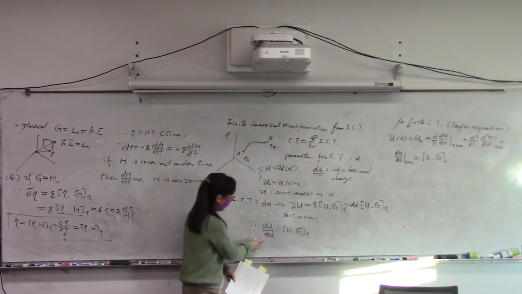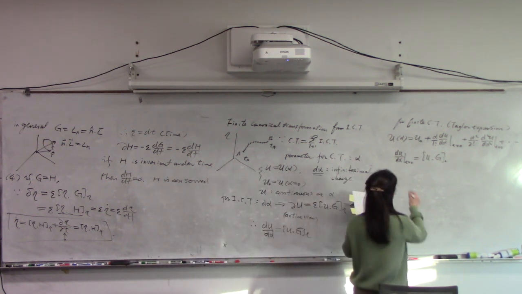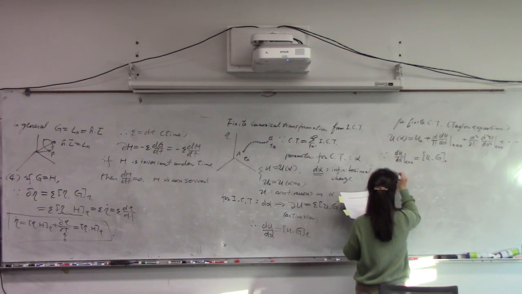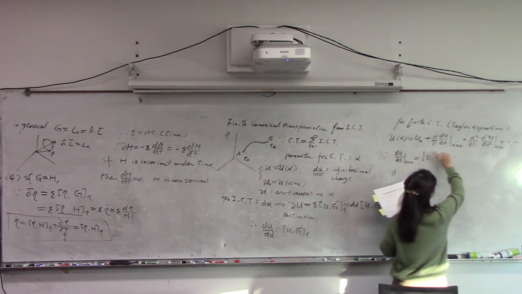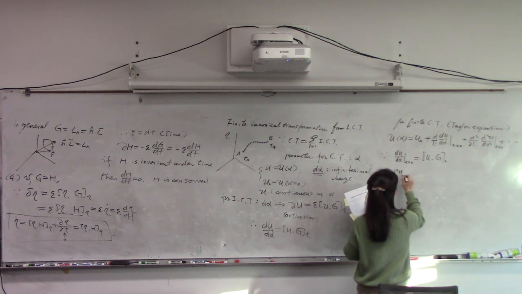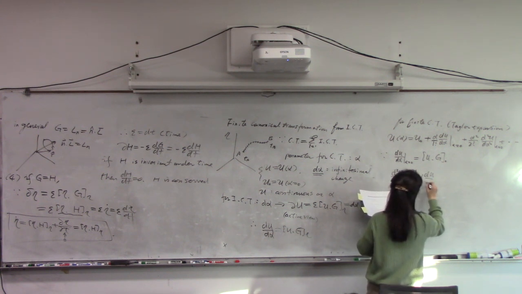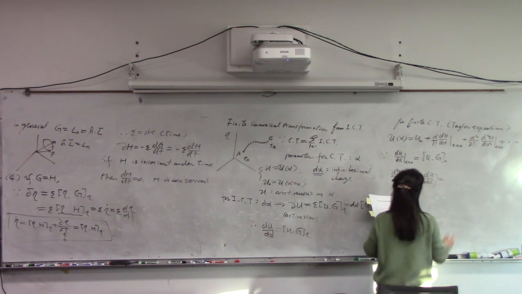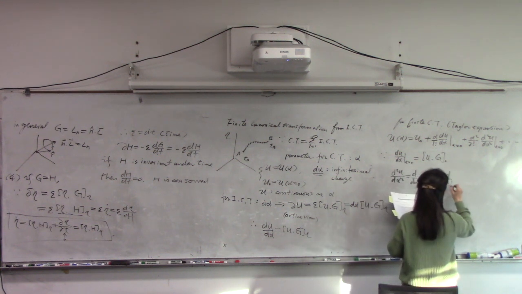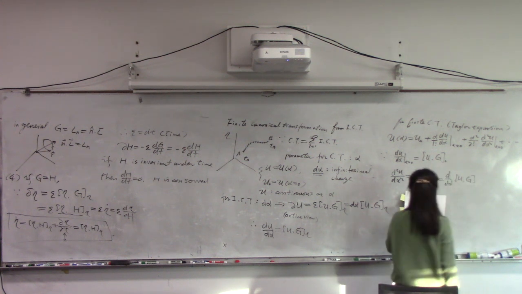Okay, and now let's look at the second order, since now we are going to find the relation here. The second order d square u d alpha square is equal to d d alpha of du d alpha, and du d alpha is the Poisson bracket of u and g.